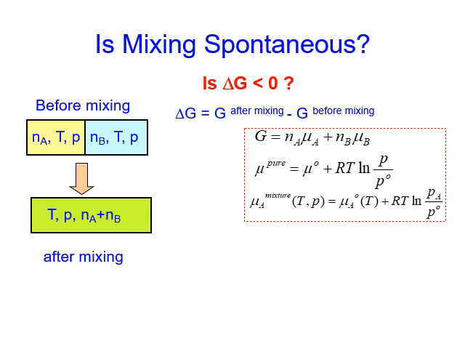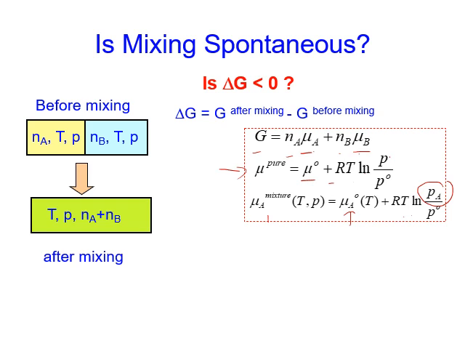One is that the total Gibbs energy is the number of moles of A times the chemical potential of A plus NB times mu B. And how do you calculate the chemical potential mu? If it's a pure substance, then it is the standard state plus RT ln P of the ideal gas. If it's a mixture, then you use the chemical potential of A at the standard state plus RT ln partial pressure of A. The same goes for B.